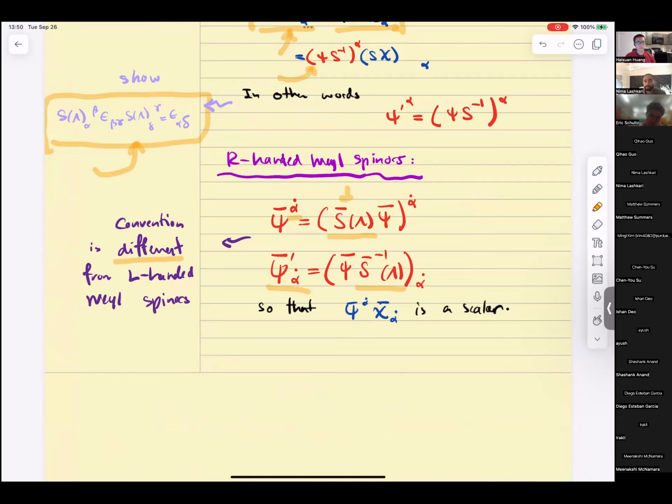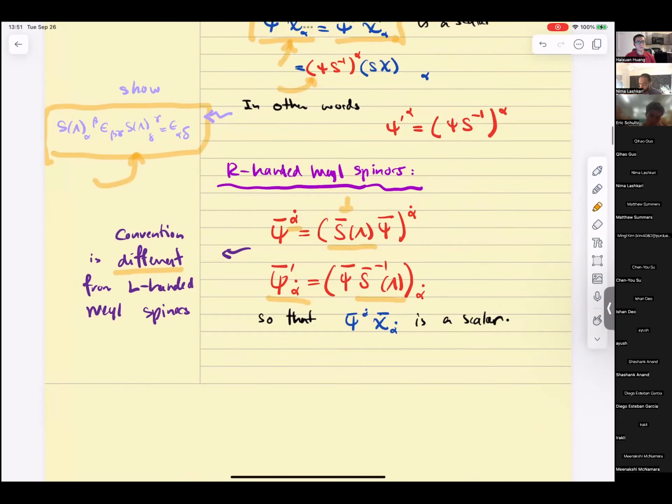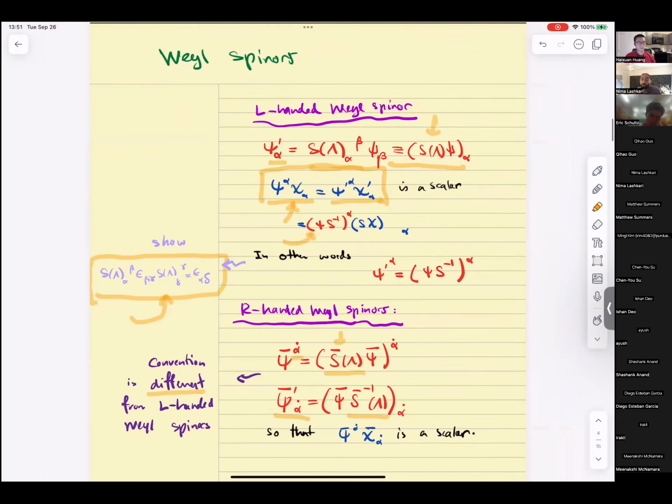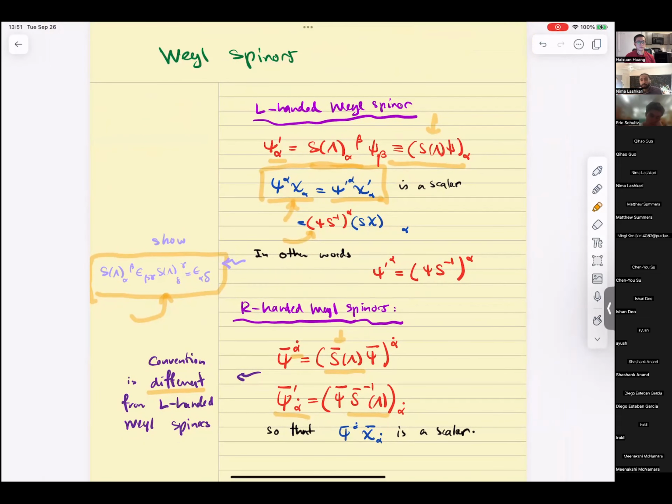It's not too surprising. You could easily convince yourself this is a good notation. So, if you know the matrices S, this is how the spinors with upper and lower indices, the left Weyl and right Weyl spinors, transform. Are we good? Questions?